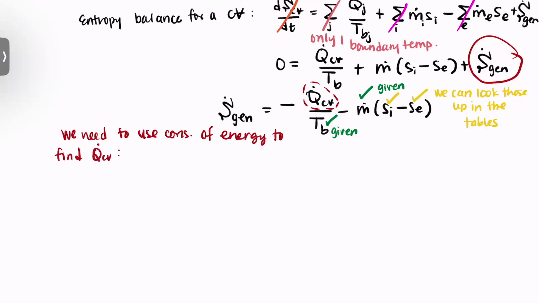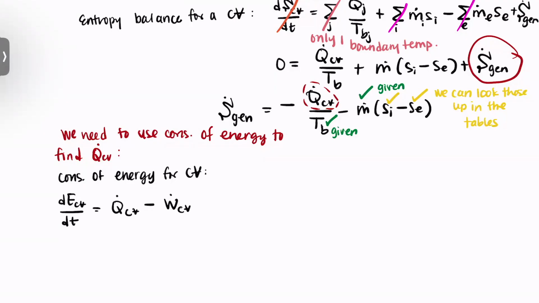Okay, so I will write down conservation of energy now. And again, we're going to use the conservation of energy for a control volume, which looks like the following. So we have the time rate of change of the total energy in our control volume is equal to Q dot CV minus W dot CV plus our flow rates in of energy.